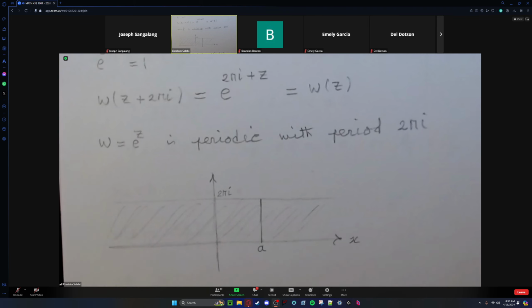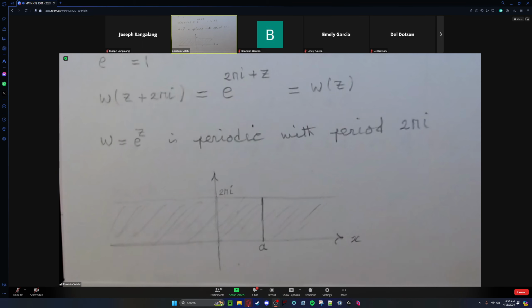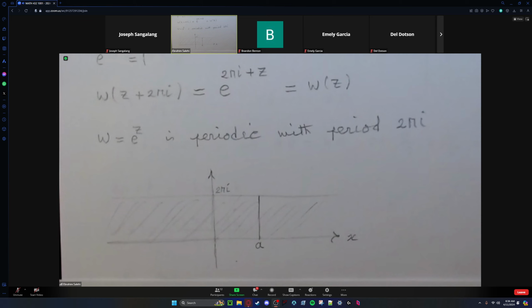Because, for example, if you have a point here, you add 2 pi i, you go there, 2 pi i, you go there, and you already know its value. So let's concentrate on this horizontal strip.